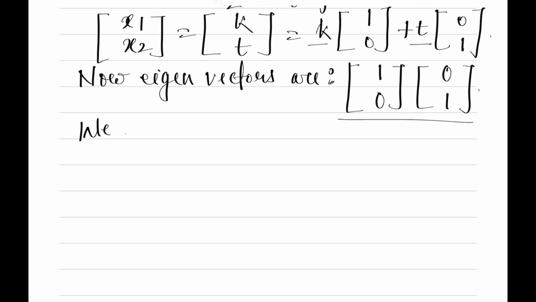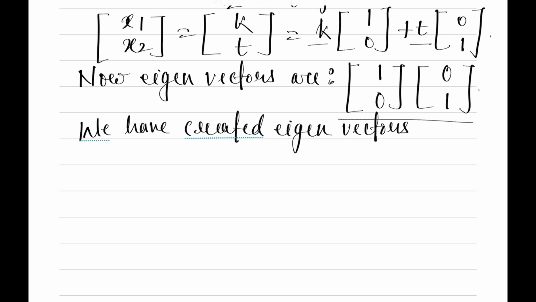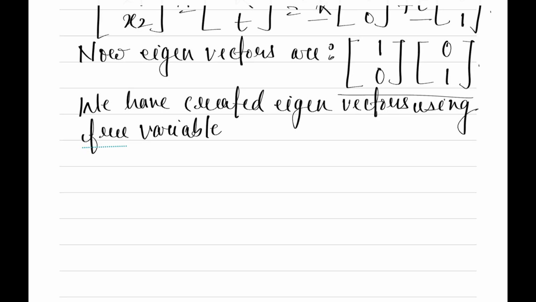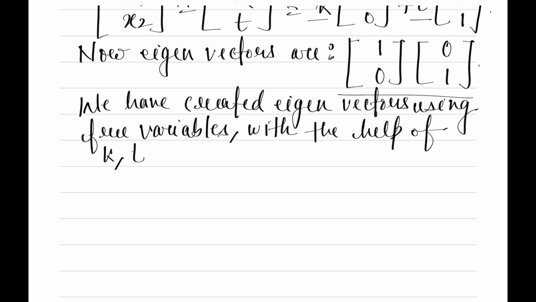We have created eigenvectors using free variables with the help of k and t.